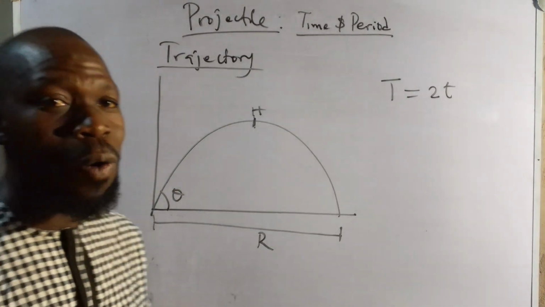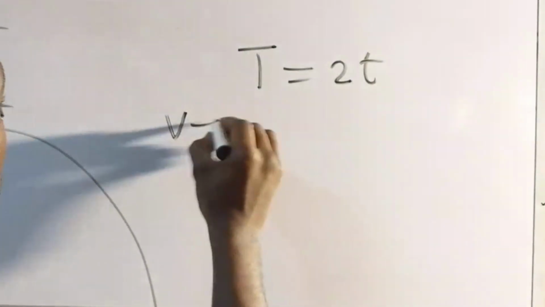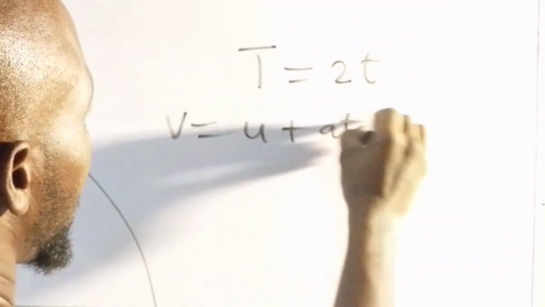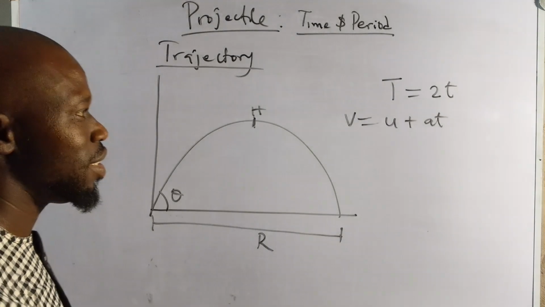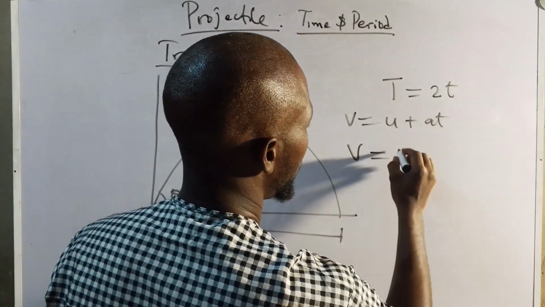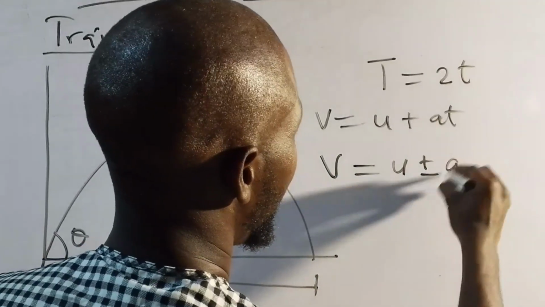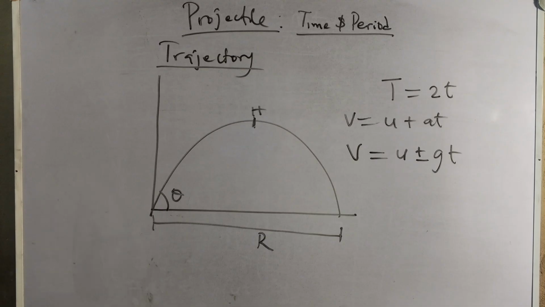I remember in our usual equation of motion, we said V equals U plus at. Now, in projectile, our formula will become V equals U plus or minus gt. Why do we have plus or minus?